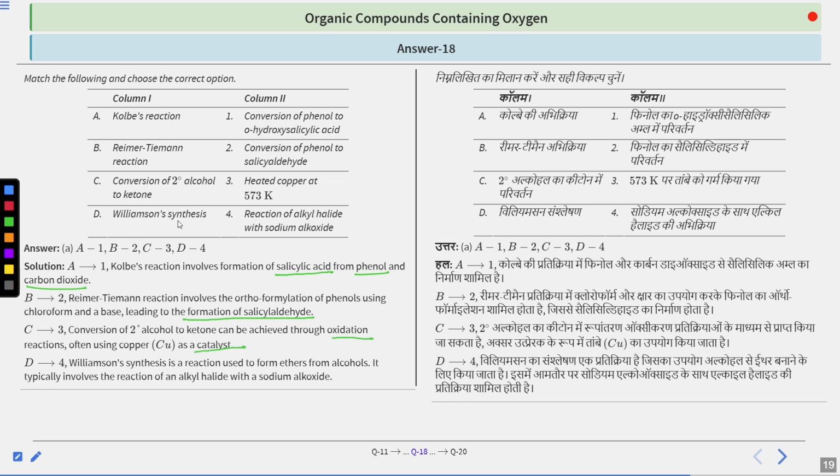D, that is Williamson synthesis, is directly linked to the fourth point, that is reaction of alkyl halide with sodium alkoxide. So Williamson synthesis is a reaction used to form ethers from alcohols. It typically involves the reaction of alkyl halide with a sodium alkoxide. So these are the correct links, and thus we have our correct answer as option A, that is A1, B2, C3, D4.